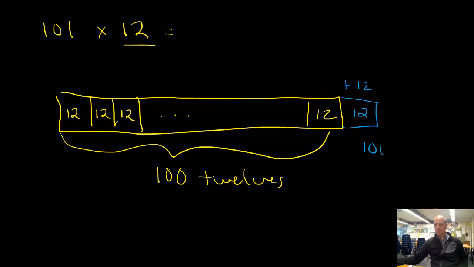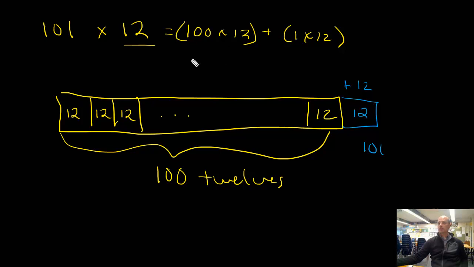Okay, does that make sense? I hope I didn't just throw anybody off. So I have 100 12s, and I'm going to add on one group of 12 to get my solution. 101 12s is 100 12s plus 1 12.